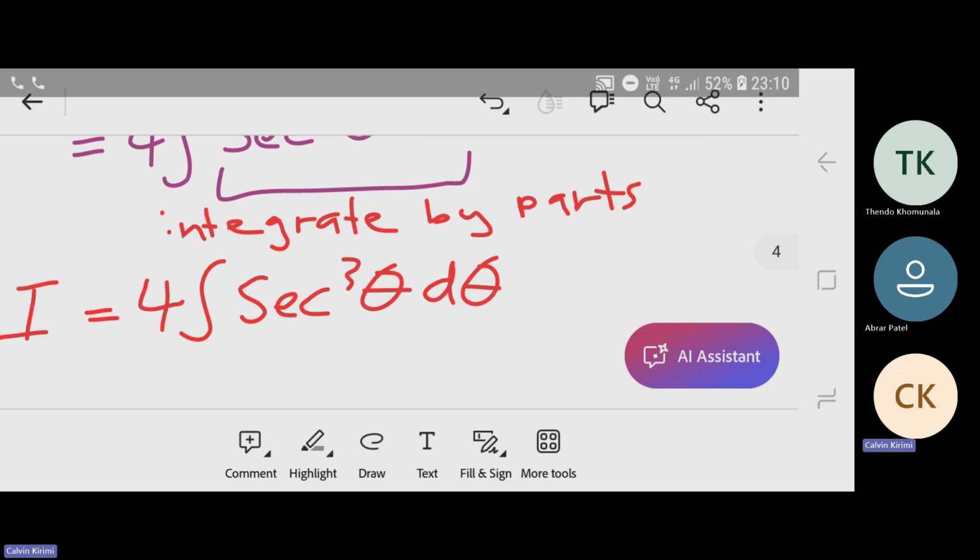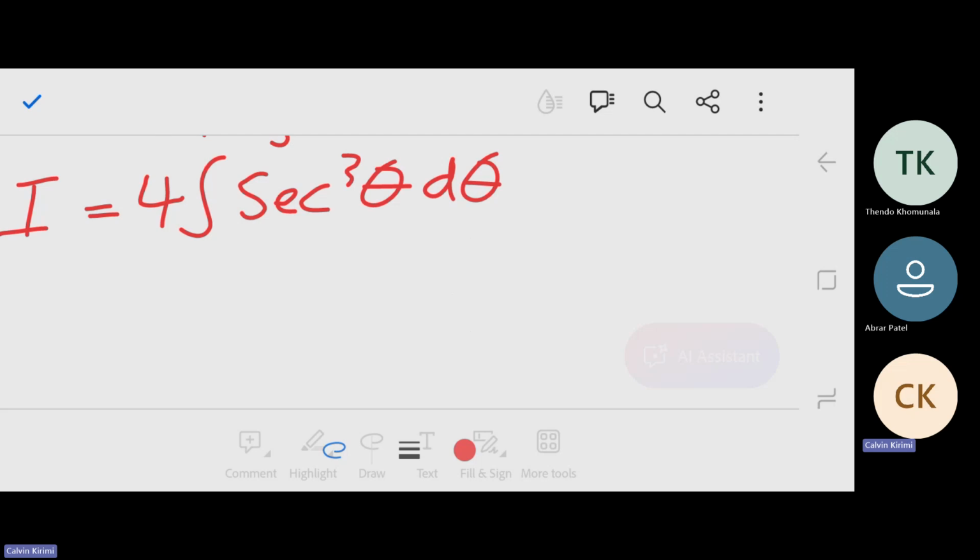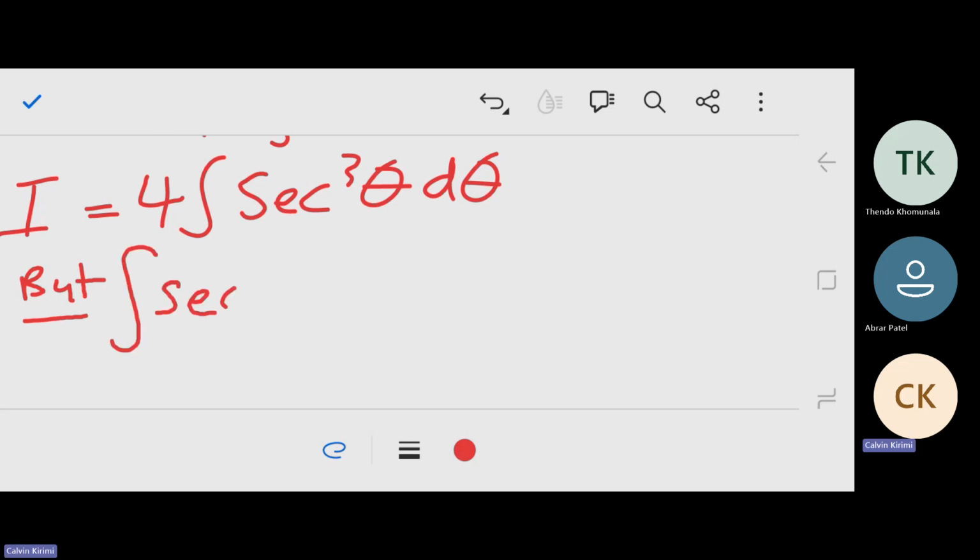So from there, we split it into 2, and we say that the integral of secant cubed theta d theta is equal to the integral of secant squared theta, which is an even function.